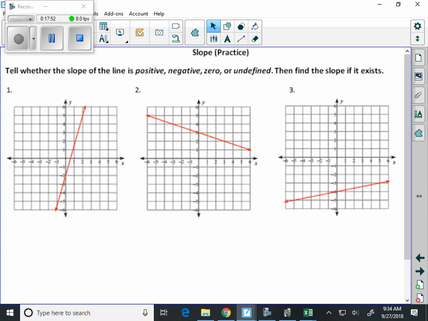And I think that most people are pretty competent with figuring out the fact that the slope of this line on number 1, coming from the left, we're going up, up, up, up, up, up, up, which means that it's positive.